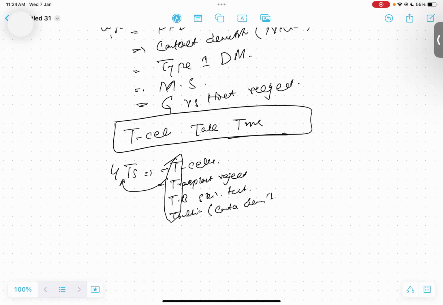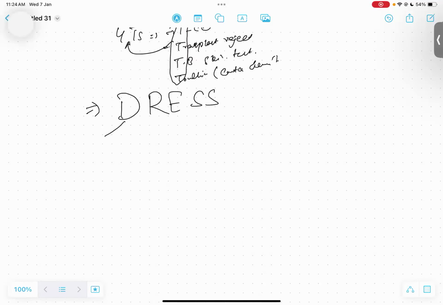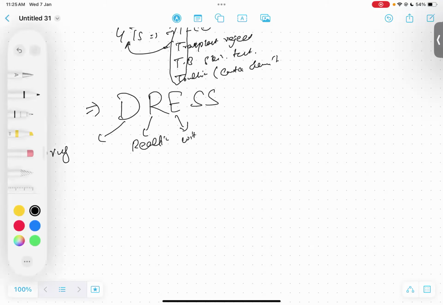DRESS means drug reaction with eosinophilia and systemic symptoms. This is usually DRESS. Okay, doctor?